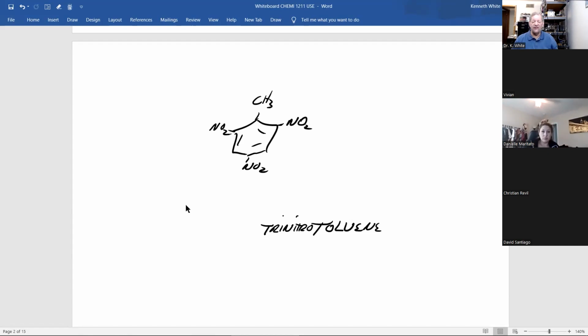And when there's more than 2 substituents, use numbers. The methyl group is 1. And notice this is 2,4,6-trinitrotoluene, otherwise known as TNT. And I have that on test number 1.